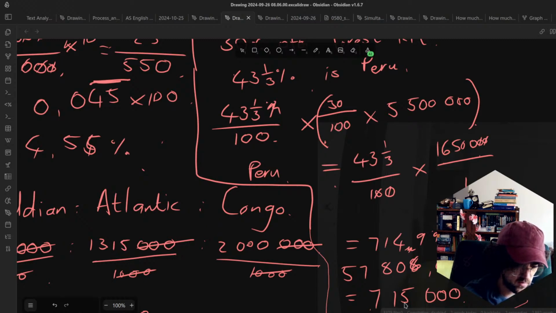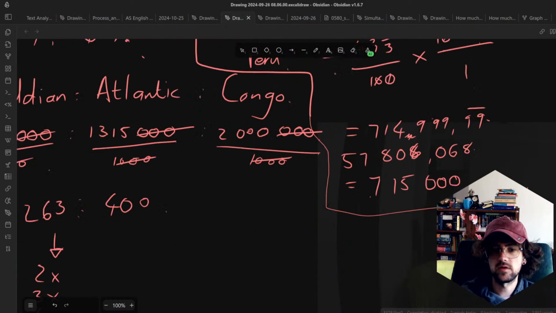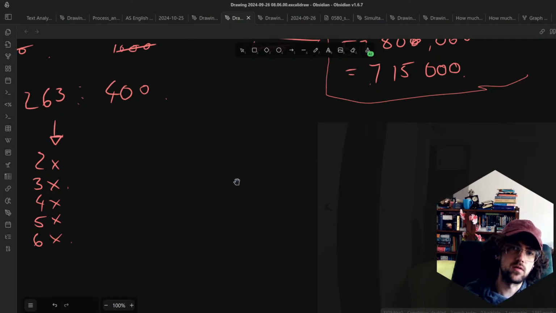Because what I want to do is find 43 and a third percent of 30%, which is then 13%. So that was like an extra step. So 13% of the rainforest is in Peru.